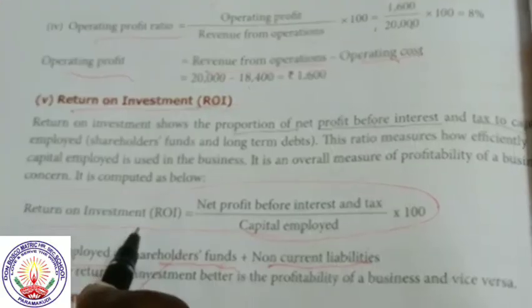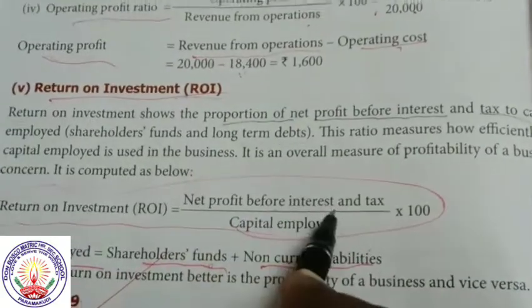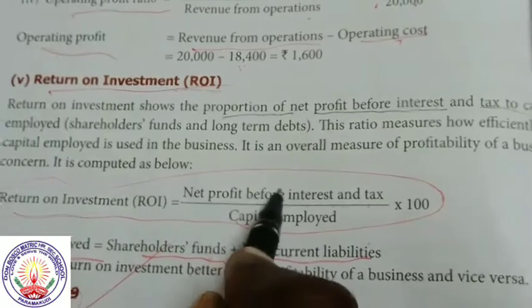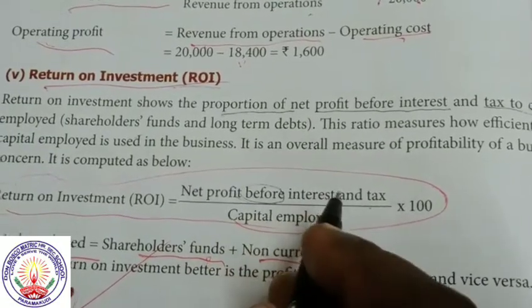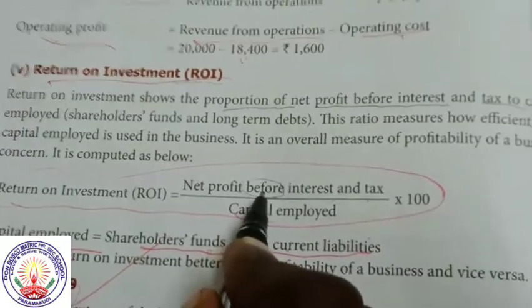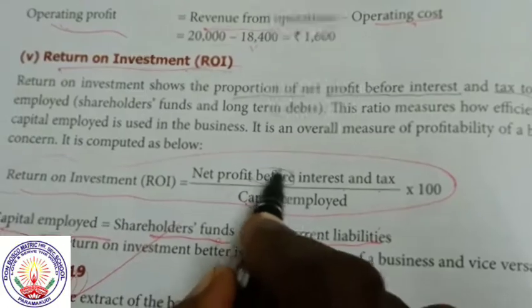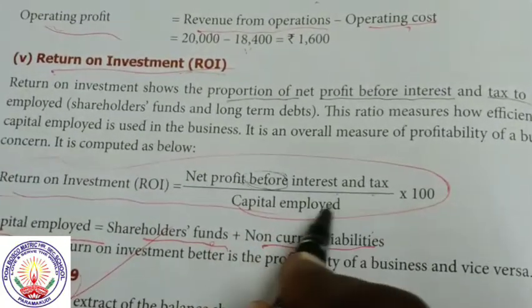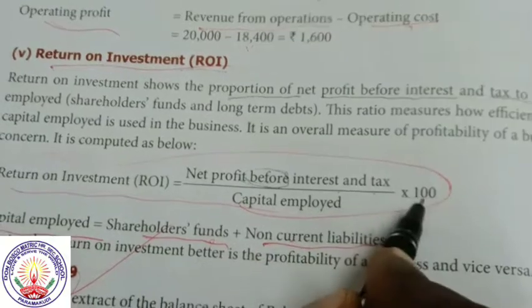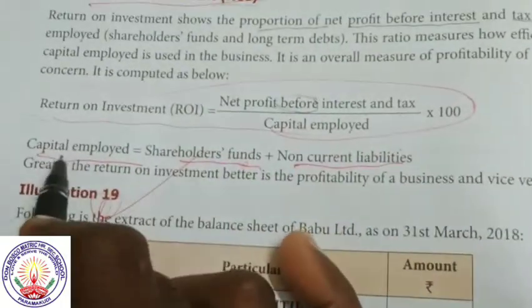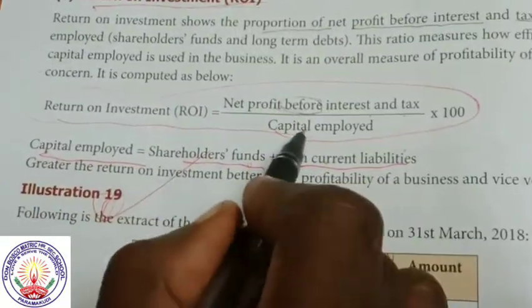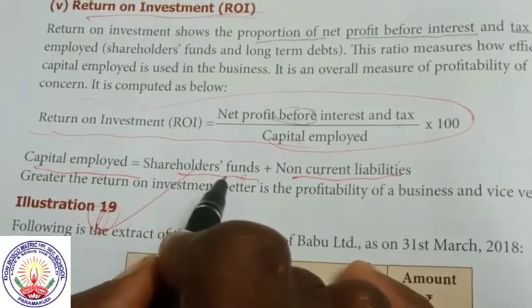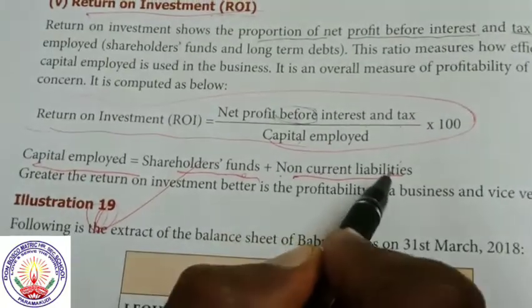Return on investment equals net profit before interest and tax divided by capital employed into 100. Capital employed means shareholders' fund plus non-current liabilities.